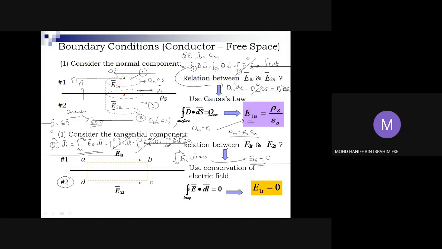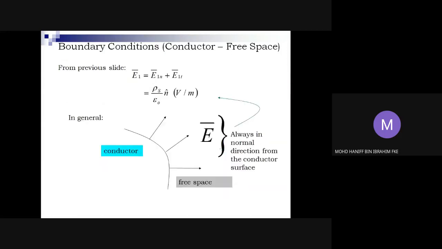Now we have two terms for the E field, E1N and E1T, and we can refer to the previous slide. This is your free space, this is your conductor material. We have agreed that the electric field in the conductor will be 0. In the free space environment, as we have learned before, we have two electric field terms, E1T and E1N.